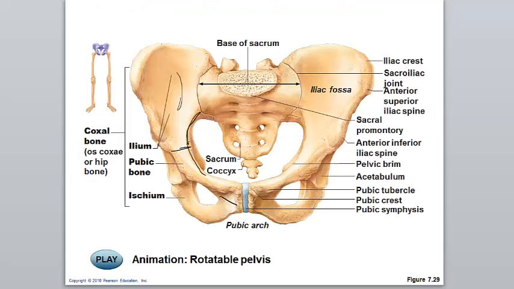What is the pubic arch? The pubic arch is this area between the two pubic bones. This is the inferior ramus. So between the pubic bones over here, this is the pubic arch. If it is broader, that means it's going to be female. If it is narrower, that means it's going to be male. If it is broader, that means this area is moving laterally.